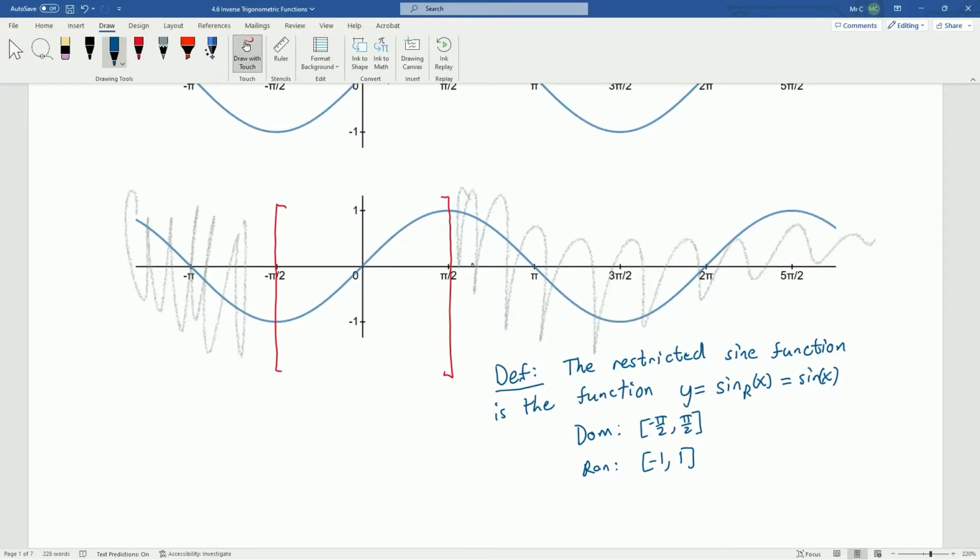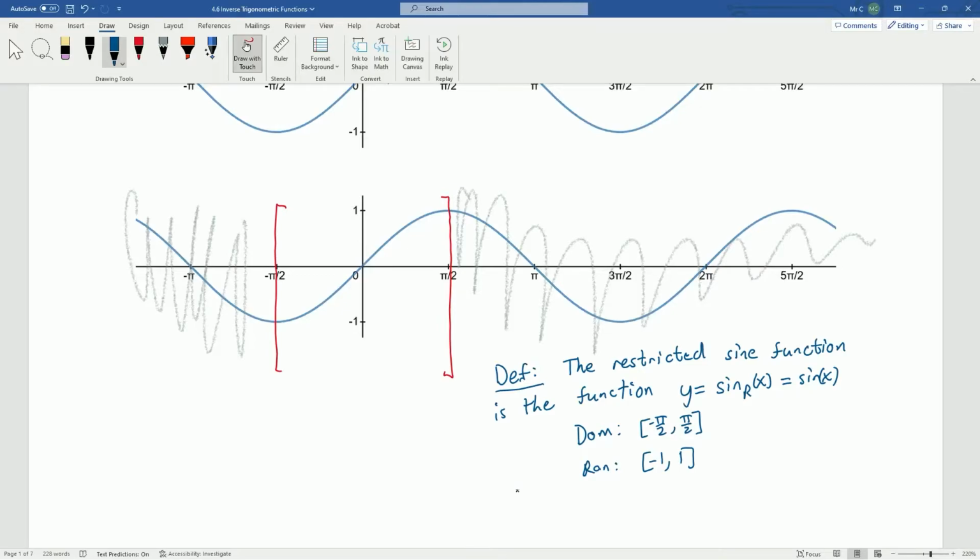Now, there are other places that would have worked, like pi over 2 to 3 pi over 2 is technically a valid place to restrict this sine function, but we restricted it to negative pi over 2 and pi over 2 because that centers it at 0, and most of us know our values for trig functions at 0 better than we do values further down the line. So it just makes things a little easier if we consider our restrictions around 0.